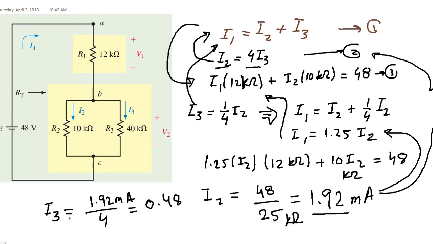So I1 equals 1.92 plus 0.48, and that equals 2.4 milliamps. So this is one way of solving this problem.